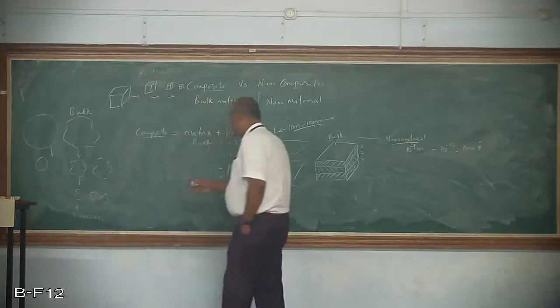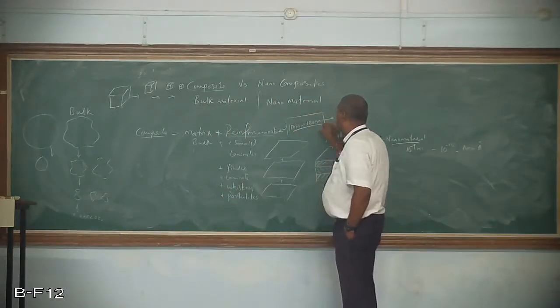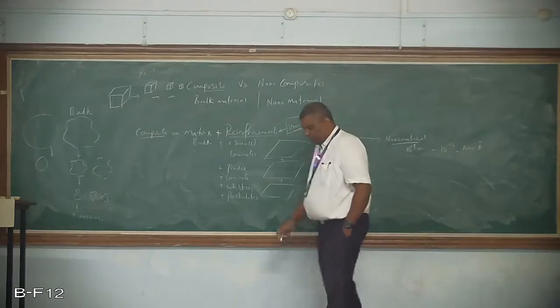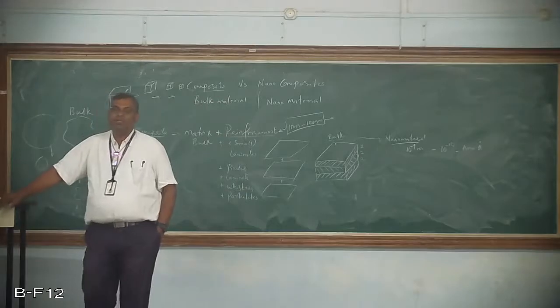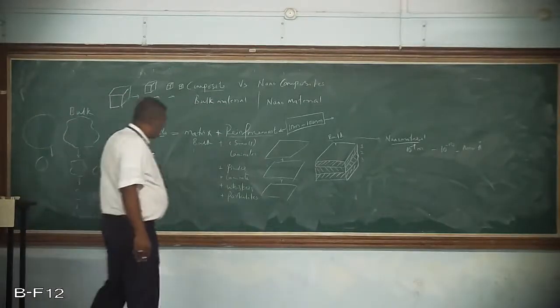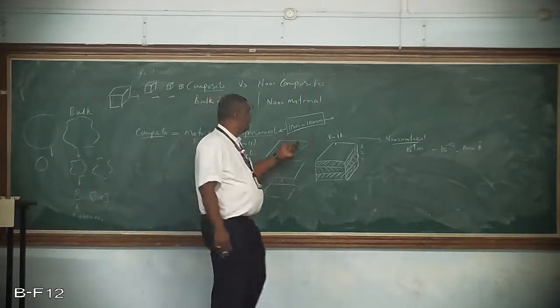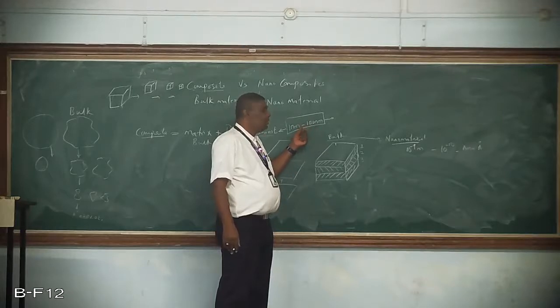The particle size of the material should be in this order; only then can it be a nano material. The technology that is used for this is called nanotechnology. Our objective is to get this size, below 100 nanometer.